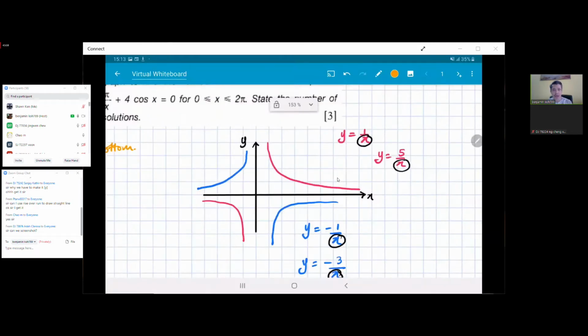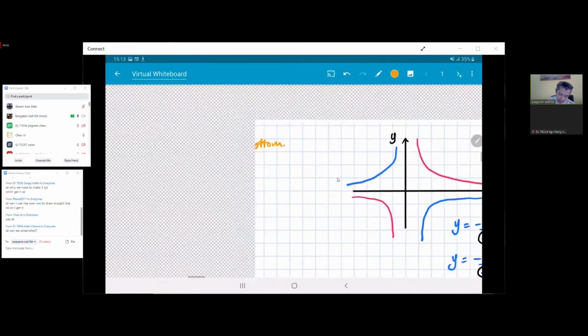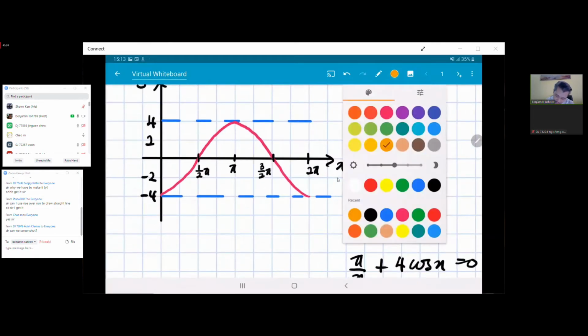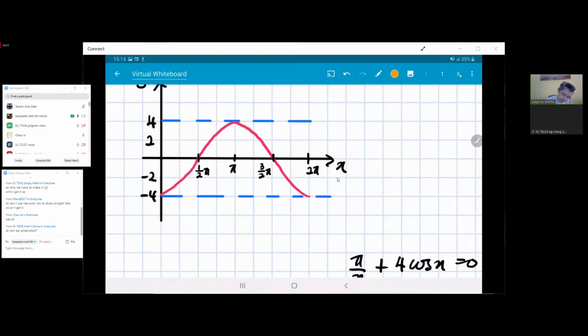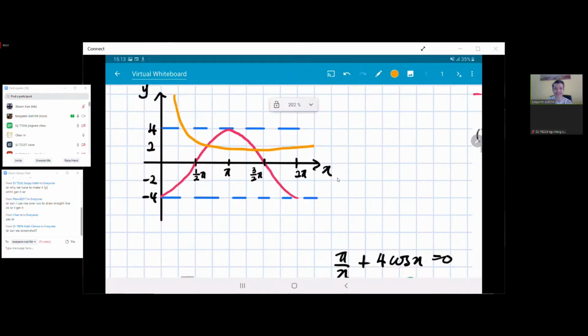So now I know this is a positive graph. When I sketch my graph here, I don't even need to draw a table. I just know that the graph I'm going to draw will be shaped something like this. Can you understand? So why do I just draw like this? Because I know the positive graph is in the first quadrant.